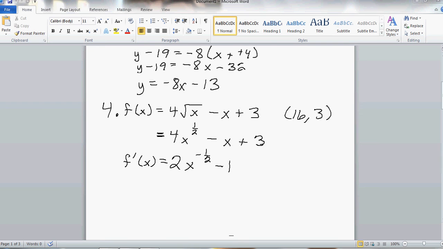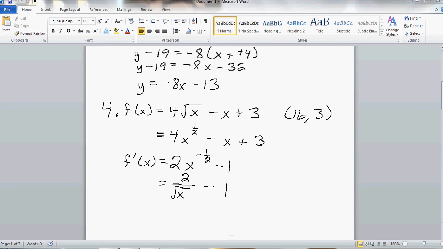So the derivative, or the slope of the line of this curve, is always going to be 2x to the negative 1/2 minus 1. Now we want to rewrite this in the final version. This is user-friendly, but the reason we don't like it is because of the negative here. So negative simply means we're going to bring it down below, down in the denominator, and since it's to the 1/2, that's going to be the square root. So we get 2 over the square root of x minus 1.